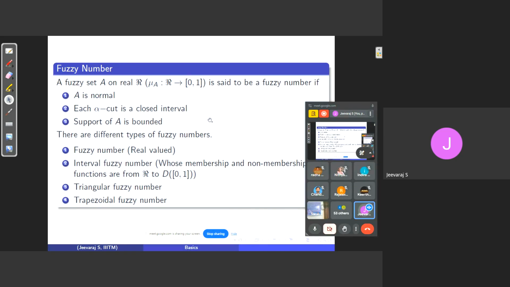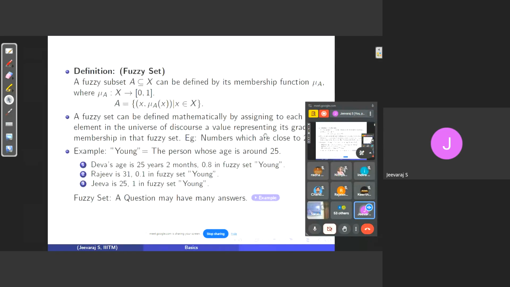For example, let us recall the same example which we have considered, the group of young people. If you see that particular example, you can see Jiva is exactly 25, who is satisfying the condition about 100%, so whose membership value is 1. So what is the meaning of a fuzzy set to be normal?